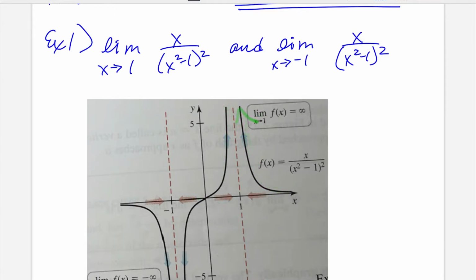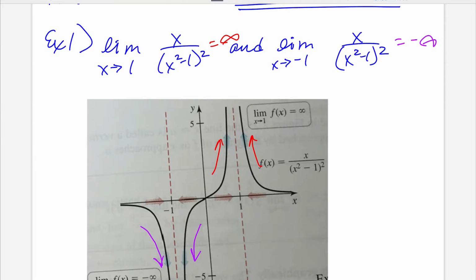It's going to infinity. Right? Okay. Because as I approach from the left and I approach from the right, that bad boy's going to infinity. By that same rationale, look at what's happening. As I'm approaching from the left and I'm approaching from the right to get into negative 1, negative infinity.